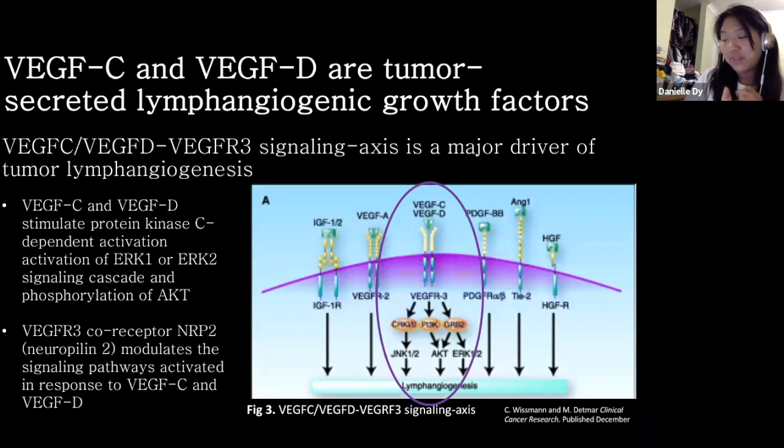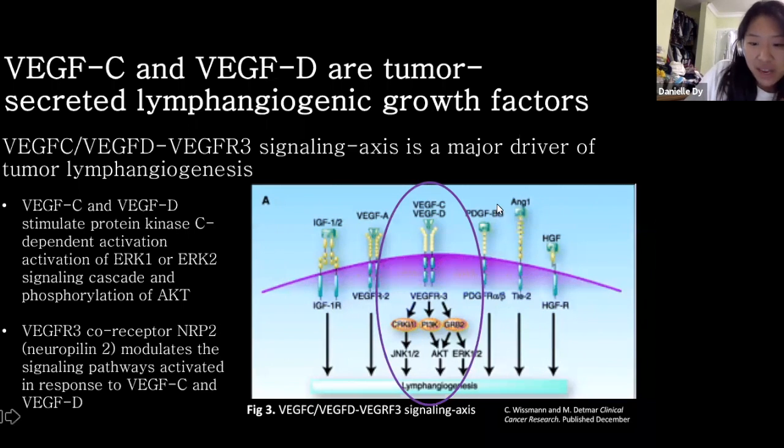A lot of acronyms, but to simplify: VEGF-C and VEGF-D are two different but similar ligands, and VEGFR3 is the receptor. The interaction between those ligands and that specific receptor is what leads to lymphangiogenic growth. The other important thing to note is that VEGF-C and VEGF-D are secreted by tumors.